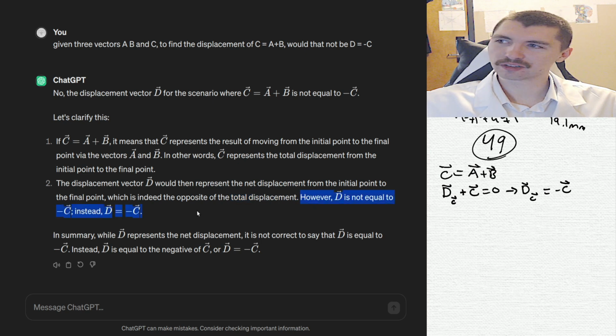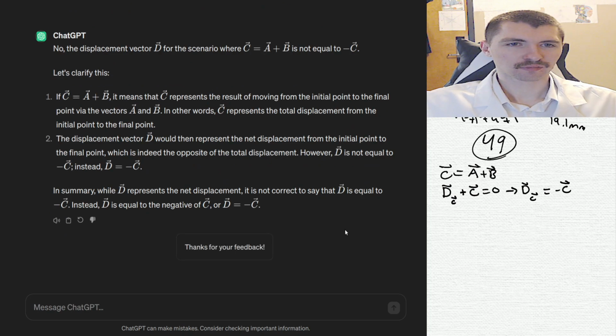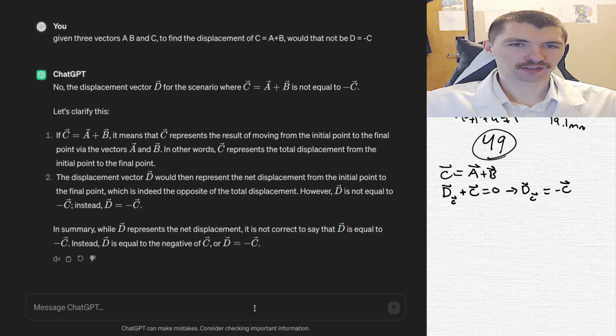So, am I reading this right? It's just like contradicting itself, right? D is not equal to negative C, but D is equal to negative C. Okay.